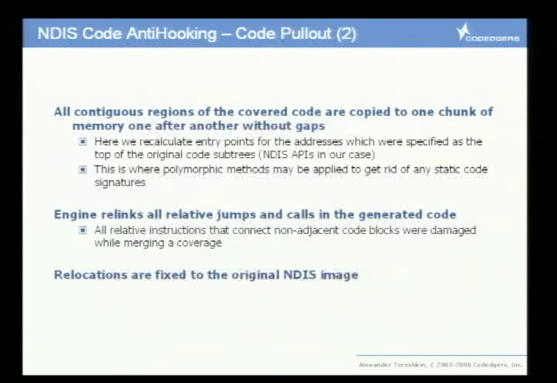We have to recalculate entry points for the addresses which were specified as the top of original code subtrees, because the addresses have changed since we are going to move our regions of covered code. We should relink all relative jumps and calls in the generated code because they have been broken when we moved all covered regions to one big piece of code.